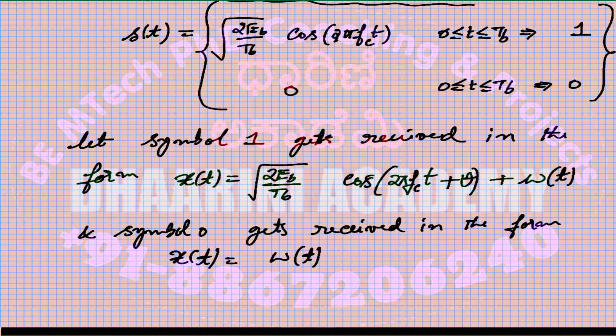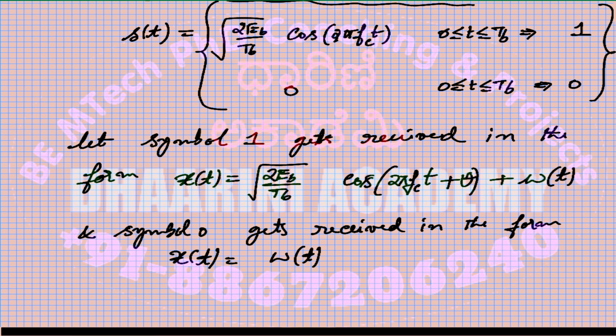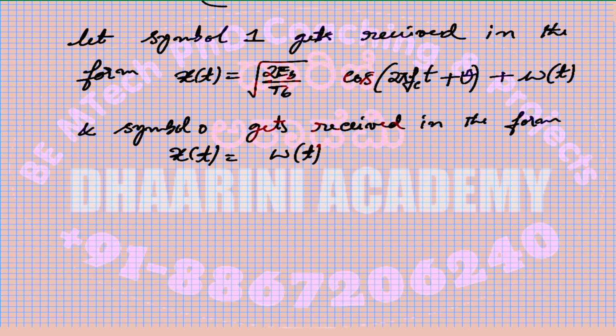Now, the receiver structure under these conditions, when you don't know what fc is: we are going to use what is called a matched filter receiver. When you don't know what kind of fc you are using, you can use a specific type of receiver called the matched type of receiver, which uses a matched filter inside.